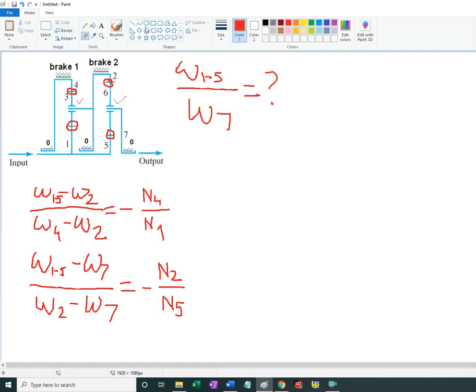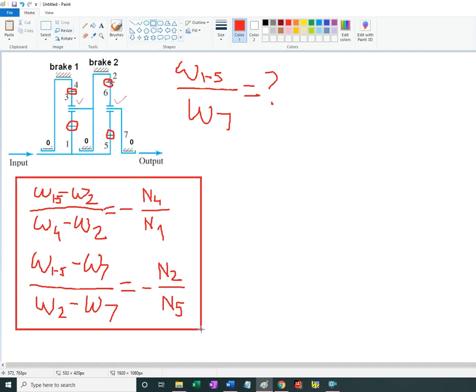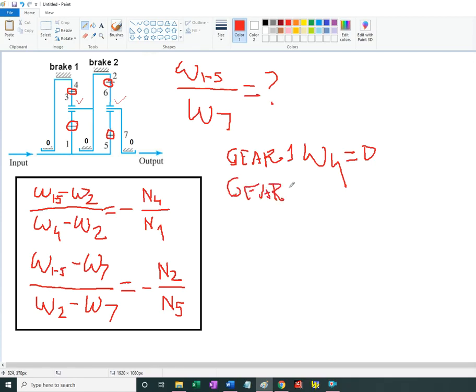So the two basic equations that we have, we would have to make them specific to either first gear or second gear. So gear 1 would correspond to brake 1 being engaged, so I have omega 4 equals 0, and this is gear 1. Gear 2, I wish I had a film on a surface, so there will be omega 2 now equals 0.